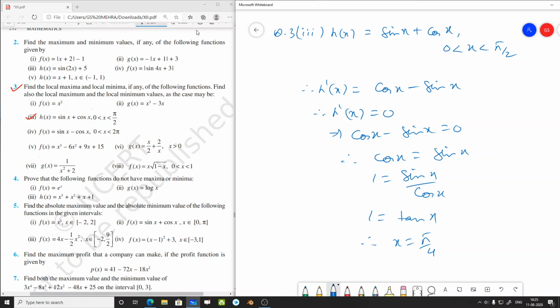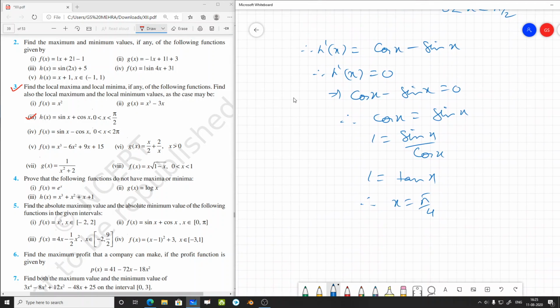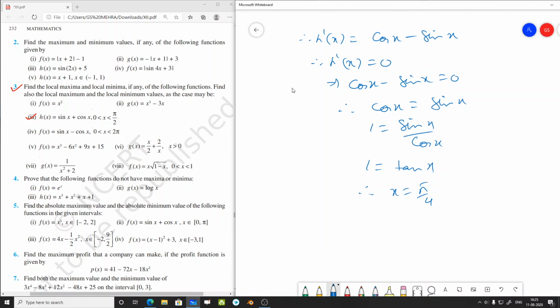We already have h dash x, so we repeat one more time to get the second derivative of h(x). Let this be 1.